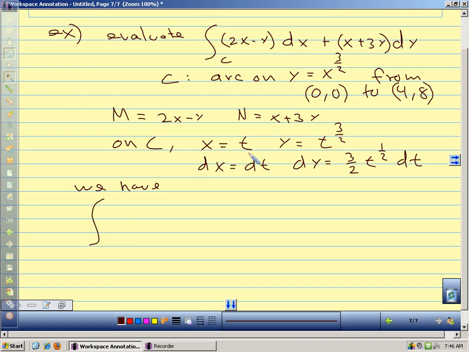So the integral, if x equals t, t is going to go from 0 to 4.